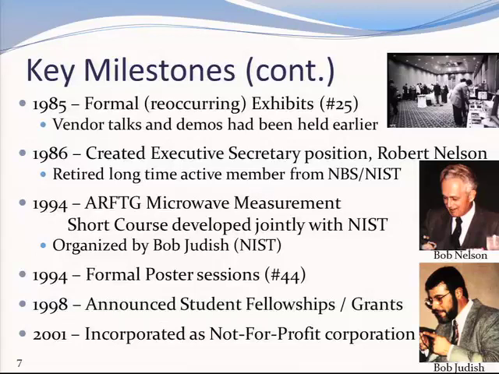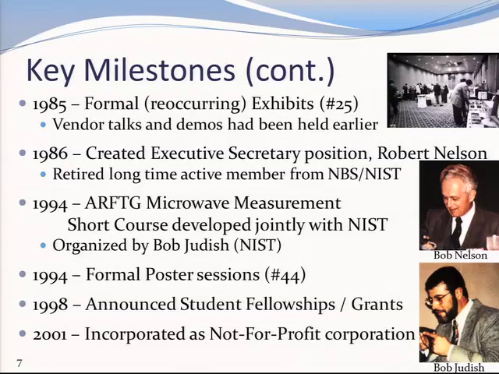Vendor talks and vendor presentations have always been part of this, but it got more formalized at that point. In '86, a grand gentleman, Bob Nelson, became our first executive secretary. He epitomized the word gentleman. He was a great guy.